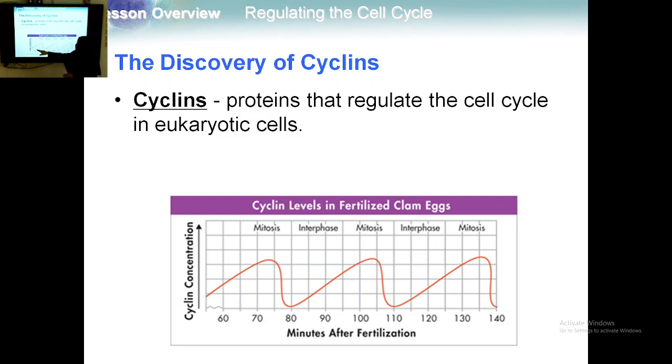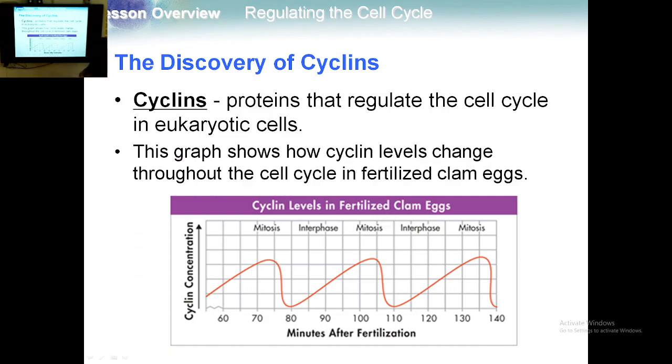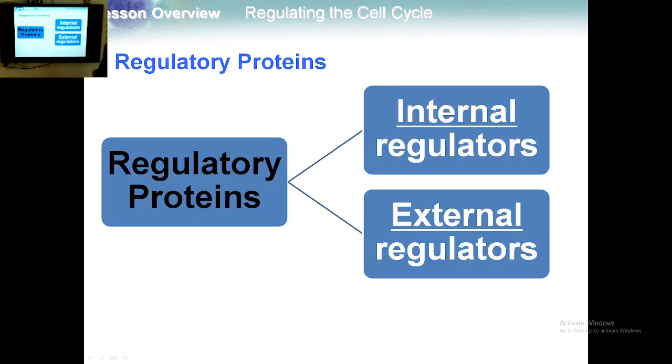It increases in the mitosis phase, okay? The graph shows how cyclin levels change throughout the cell cycle in fertilized clam eggs. In mitosis, the cyclin concentration is higher than in interphase. So in mitosis, the cell needs to grow, so the cyclin will increase in concentration.